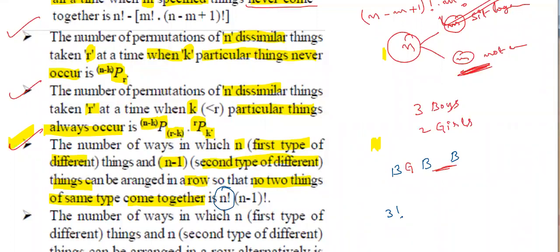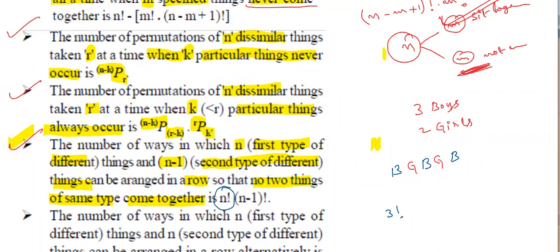Here, see, boys are getting side by side. These cases do not exist. Go to the alternative. I'm filling here a girl, here also a girl. But here boys are coming side by side. This also does not exist. So that's why in the middle we can fill like this. See, here boy, girl, boy, girl, boy.